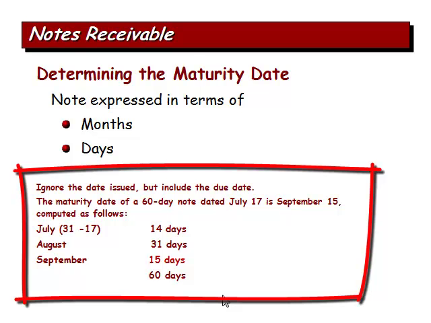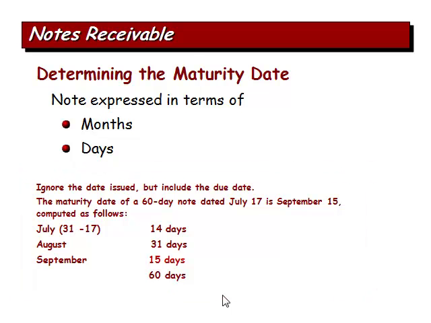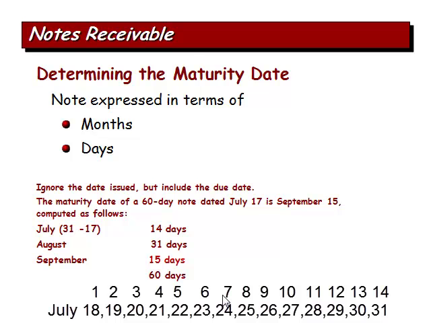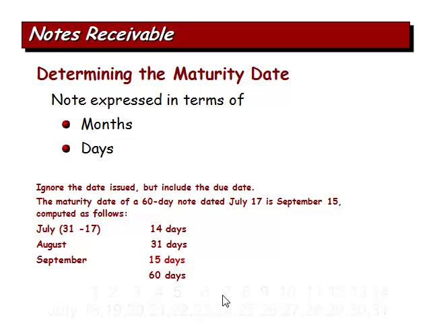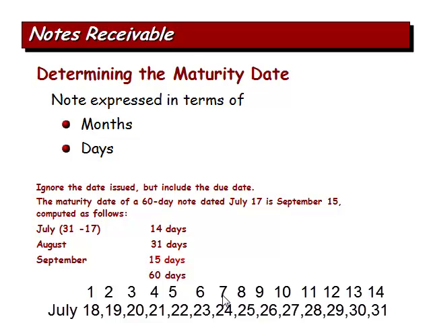So imagine we have a maturity date of a 60-day note, and the note is dated July 17th. That note would be due 60 days later, September 15th. And you do this by ignoring the date that the note was issued, but including the due date. So you may have to take off, as I did, my socks here and count on my fingers and toes the days in July.